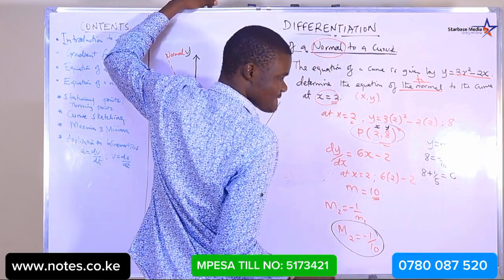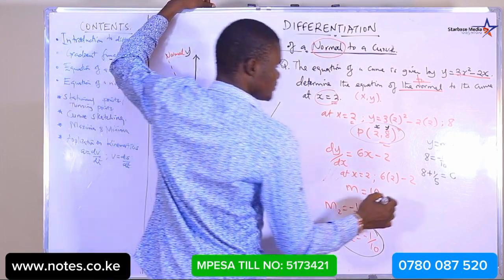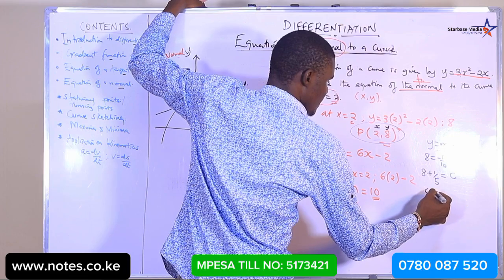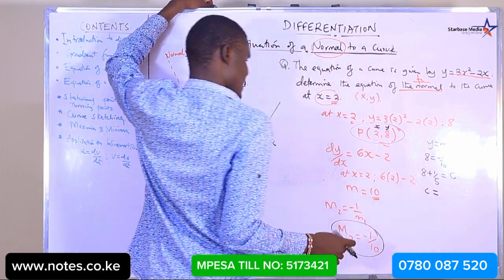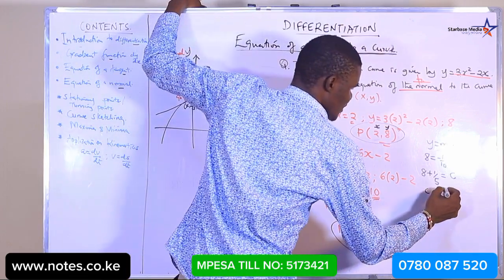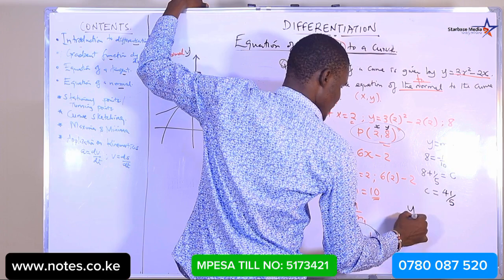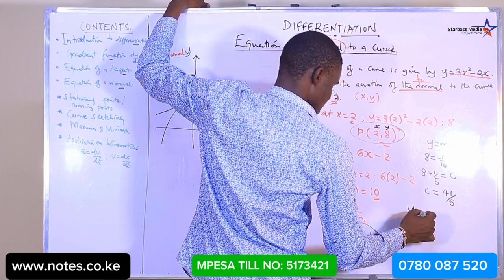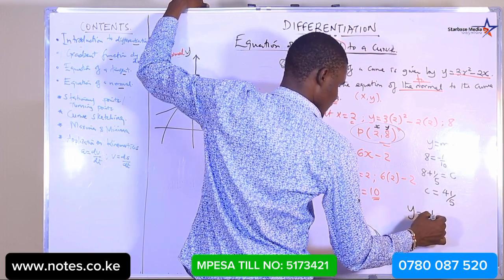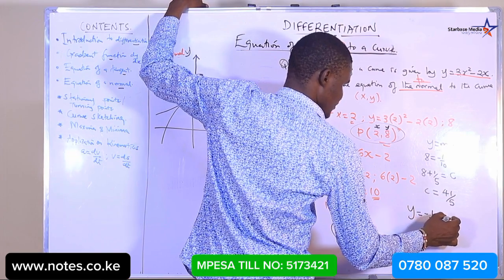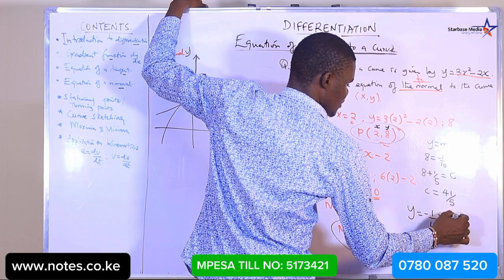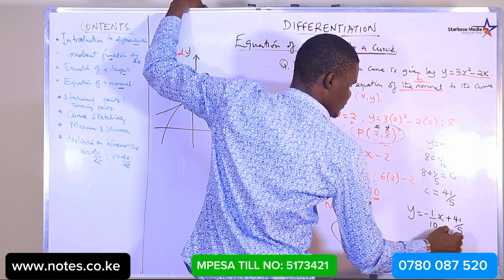So what is it? 8 plus 1 over 5. 41 over 5. So your equation will be y is equals to m, which is negative 1 over 10 x, then plus 41 over 5.